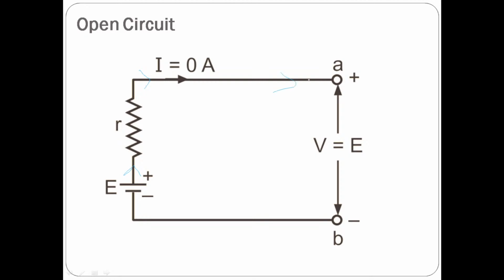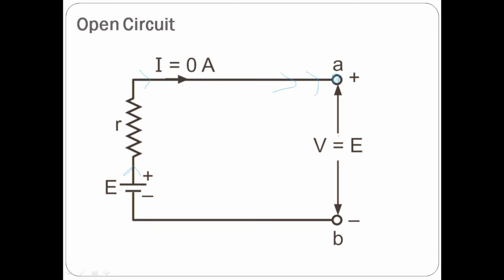After coming to this terminal, where should the current flow? A and B terminals are open. Where should this current go? So current cannot go anywhere. So no current will flow if terminals are open.